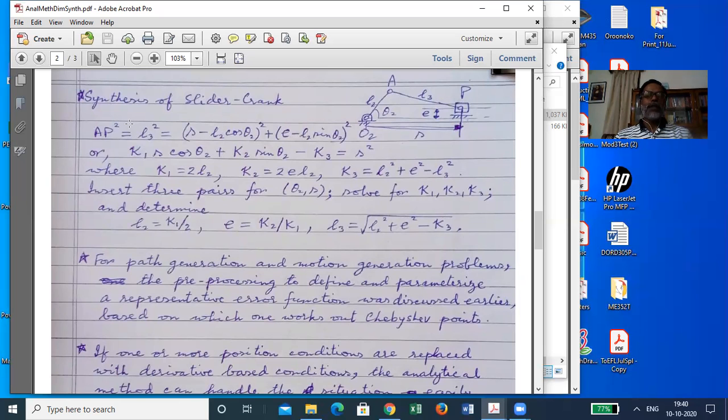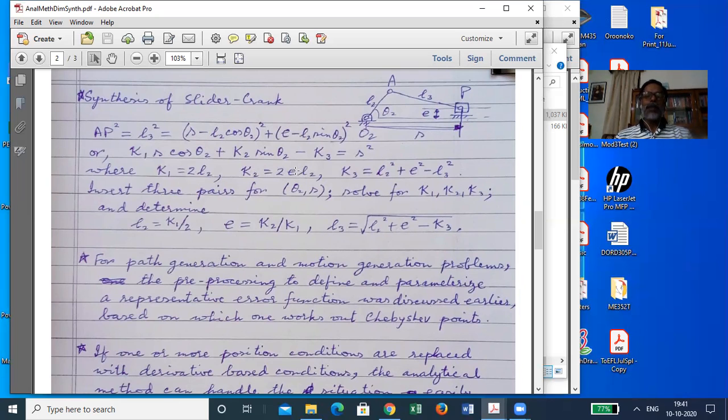On that side it is negative, so it will become positive. So you see K2 is 2EL2. You see here K1S and K2 are of the same dimension because K1 is only twice L2, and K2 is twice EL2.